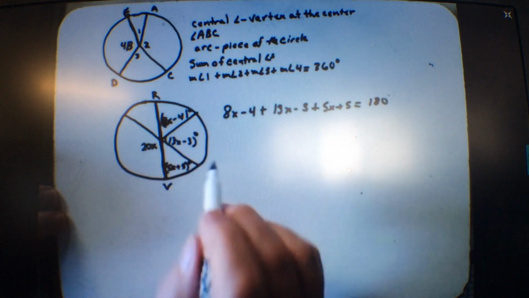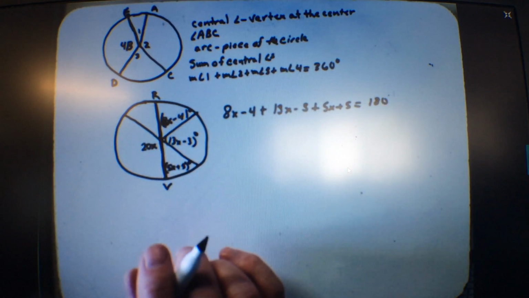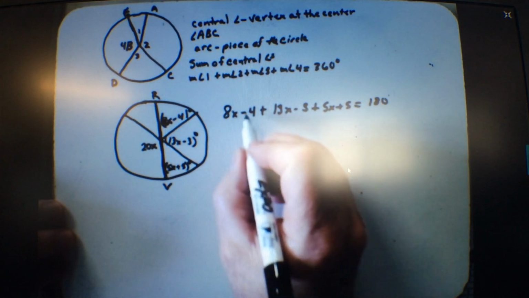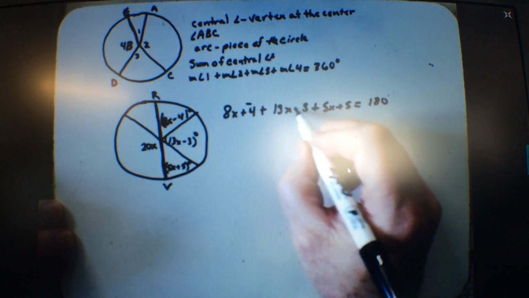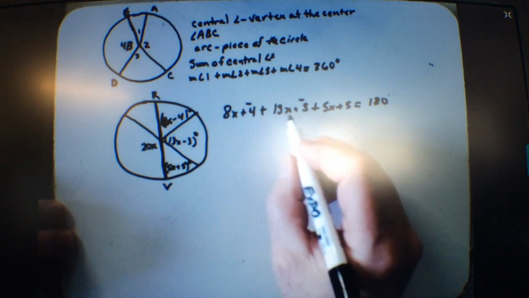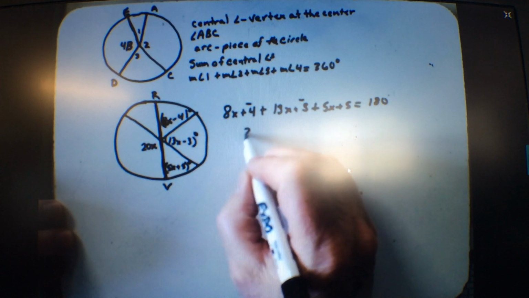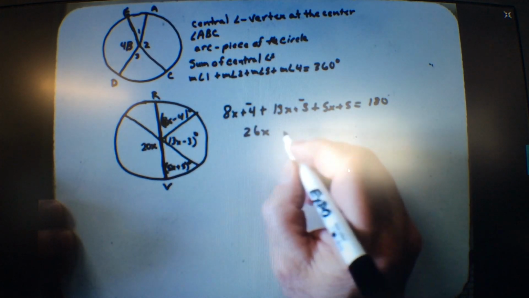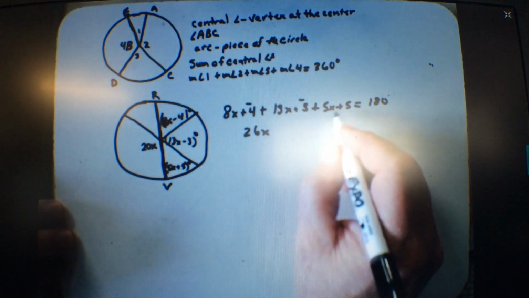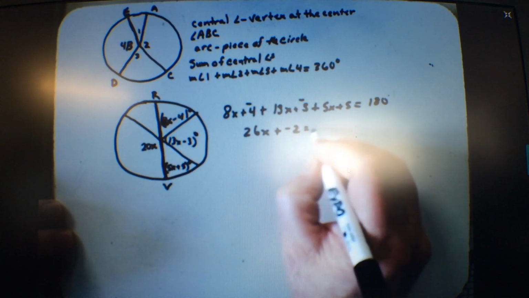Now, I could add them all up and say it was equal to 360 degrees, couldn't I? So now, if I change all this to plus and negative, I get 8x and 13x is 21x, and 5x is 26x. And then I have a negative 4 minus 3 plus 5, which is negative 2, equals 182.